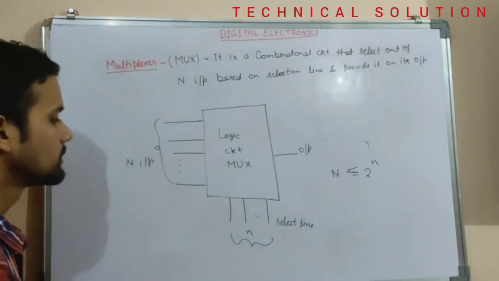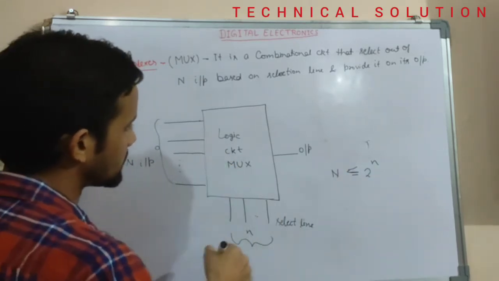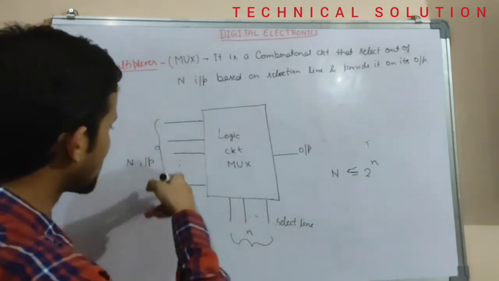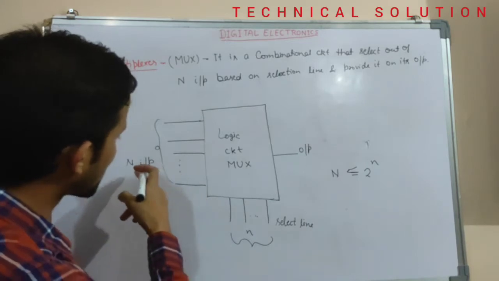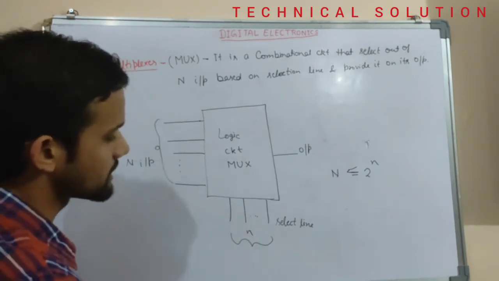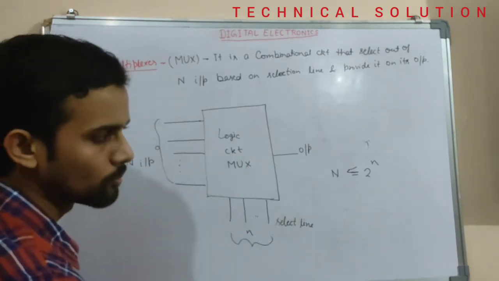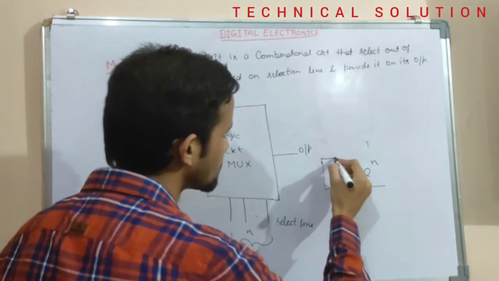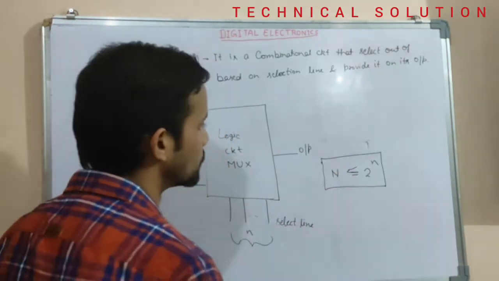So this is the basic diagram of a multiplexer, in which there are capital N inputs and small n selection lines, and there is one output. This is the basic relation between selection line and input.